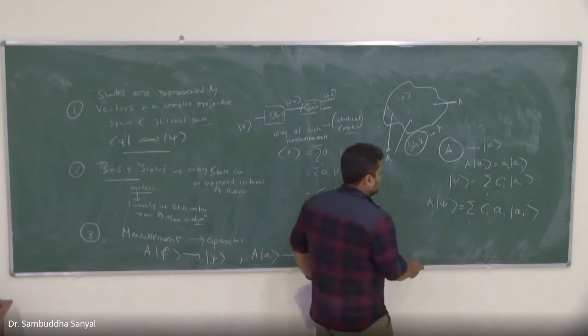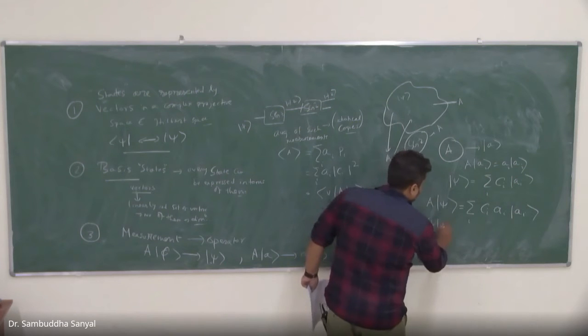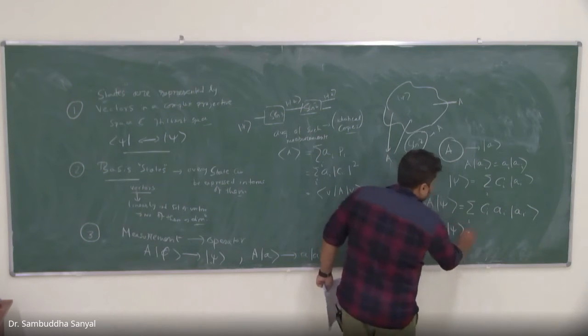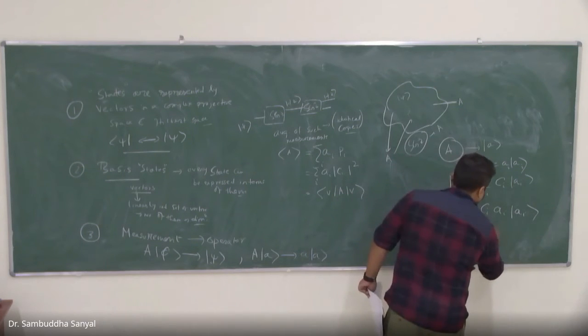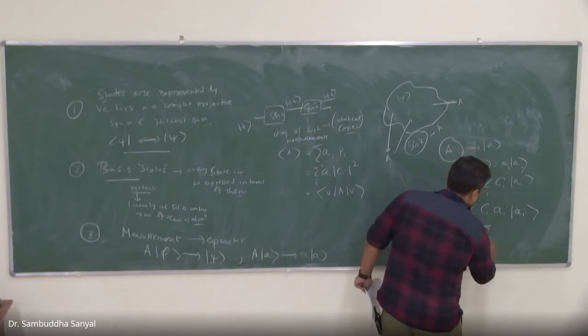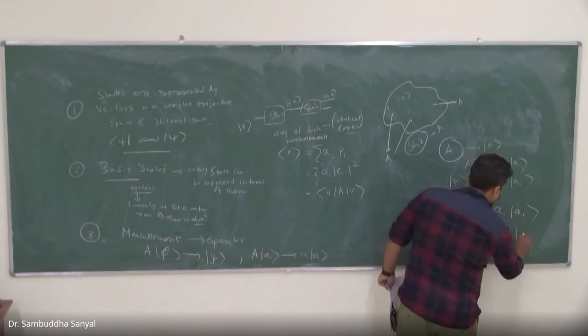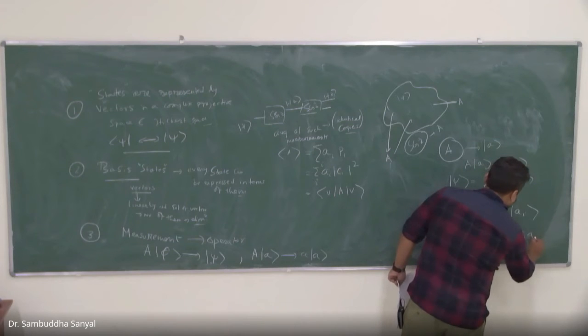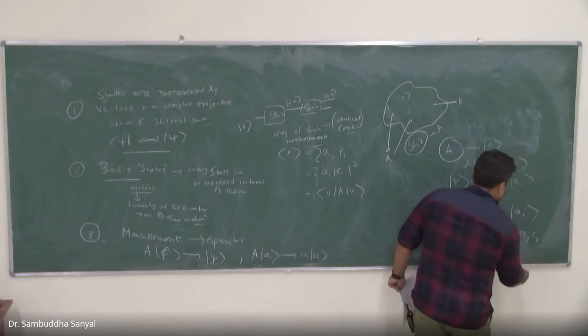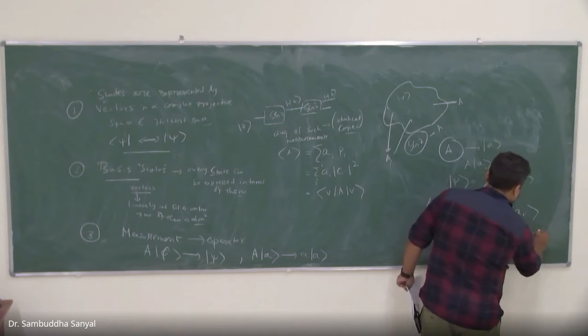So then if I calculate <psi|A|psi>, I will get the sum over i and j of Ci* Cj <ai|A|aj>, so I will get aj Cj star.